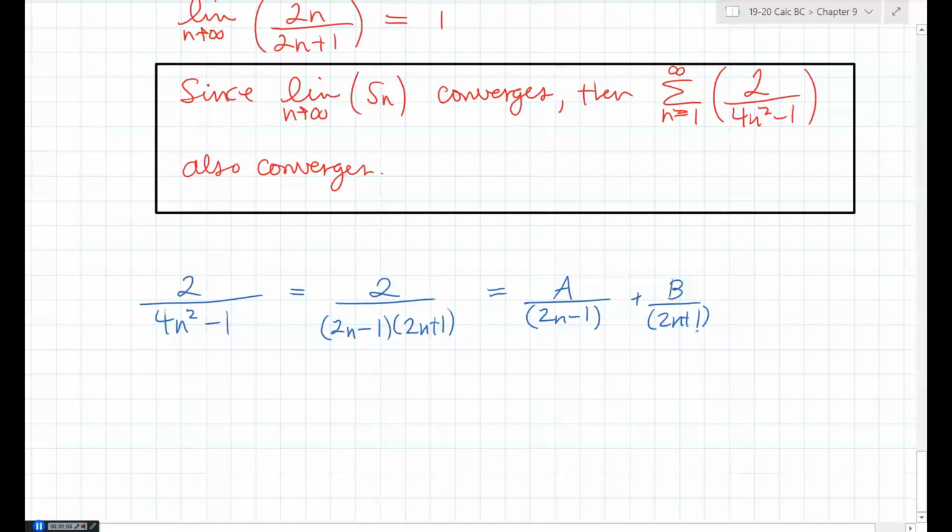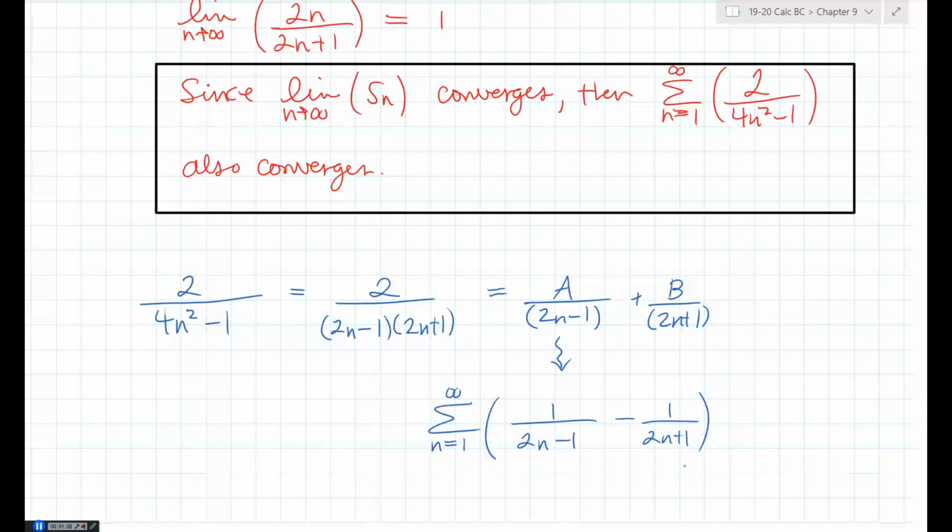It comes out to 1 over 2n minus 1 minus 1 over 2n plus 1. When you plug in a 1, you get a half minus a third, and then the next one will be a third minus a fifth, and so on. So they start canceling out, and you will get the same type of sequence.